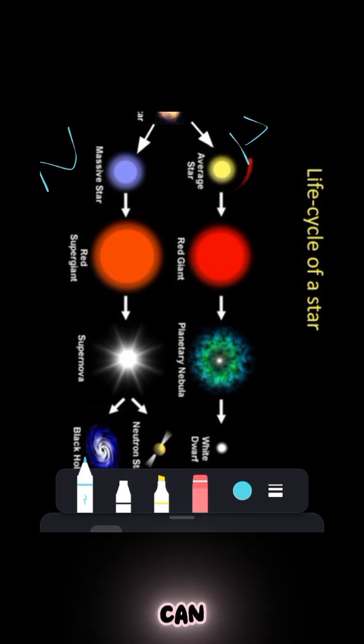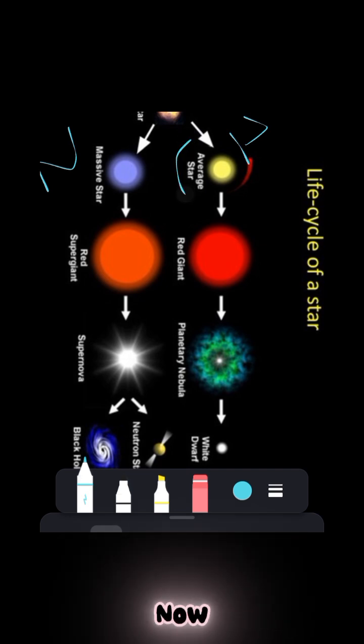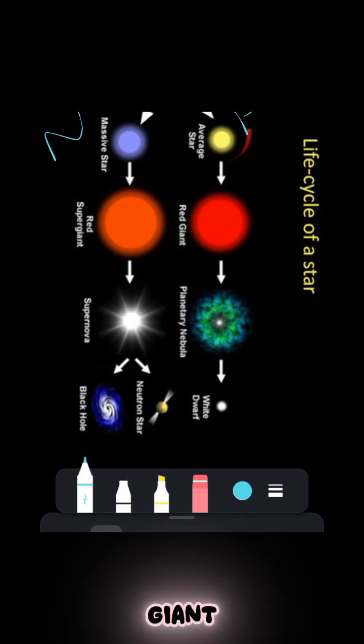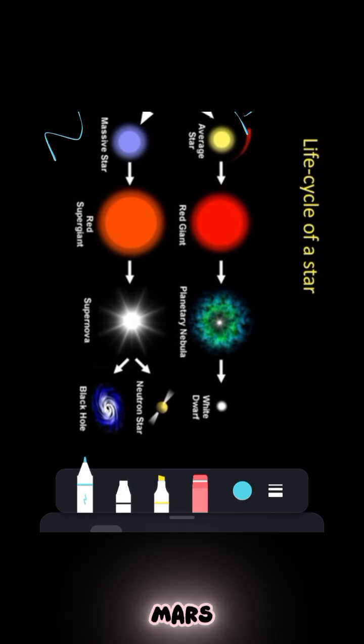In path 1, it can be a simple average star, a star that shines normally for millions or billions of years. We call that an average star. Now you can see a red giant star. It looks like Mars, but it is not actually Mars. It is a stage of a star called a red giant. The star gets bigger and cooler.